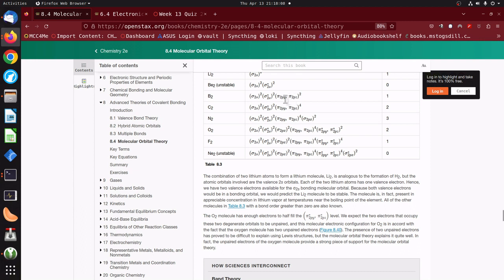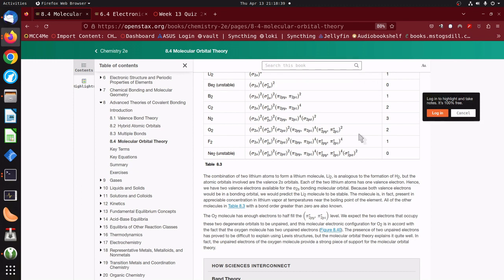You would list both of the pi orbitals that you have filled, with a comma in the center, and then you still use a superscript to indicate how many electrons are in there. And they also come in both bonding forms and anti-bonding forms. Now this seems a little complicated, but once you really break it down, it's really not that bad.